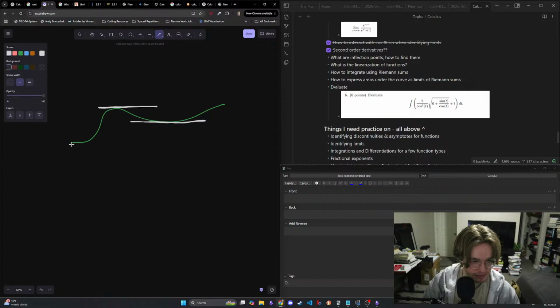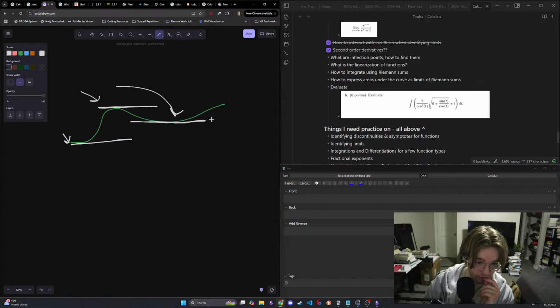Each of these points would be points where the slope equals 0, right? Okay, so this is exactly right.